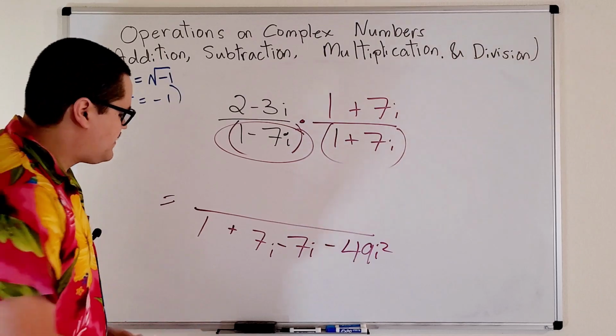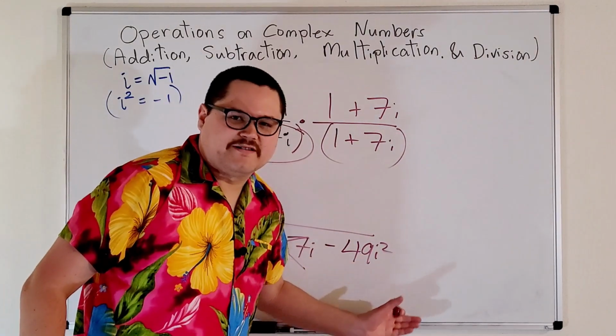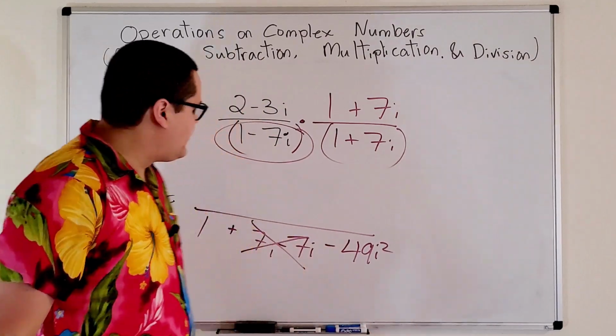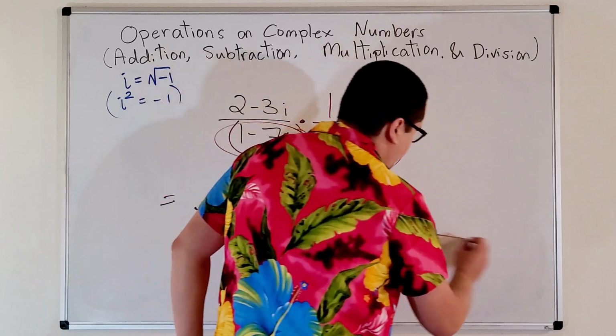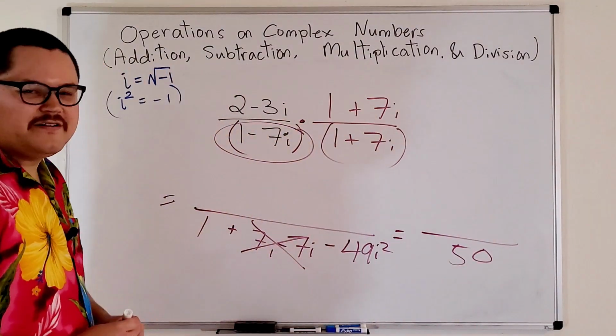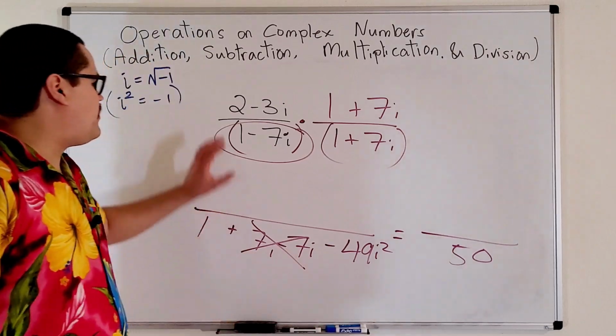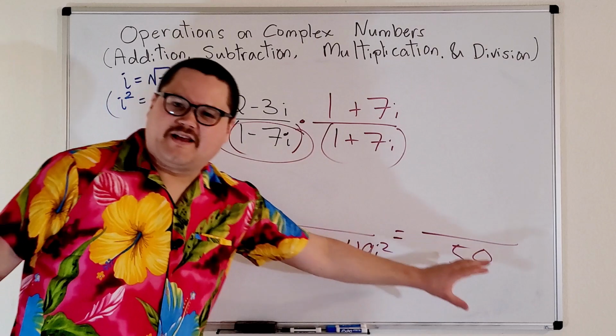So we see that these will cancel. This negative 49i squared is actually positive 49, and 1 plus 49 is 50. So the denominator ends up being 50. We could have skipped a lot of these steps and just did 1 squared plus negative 7 squared. So 1 plus 49 is 50.